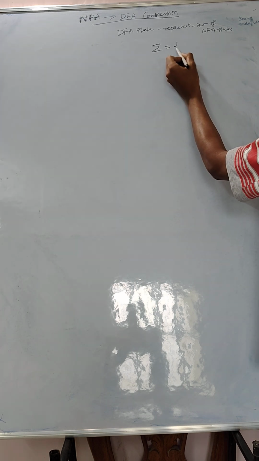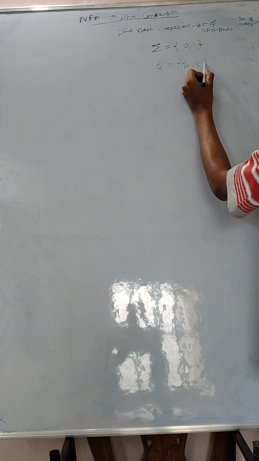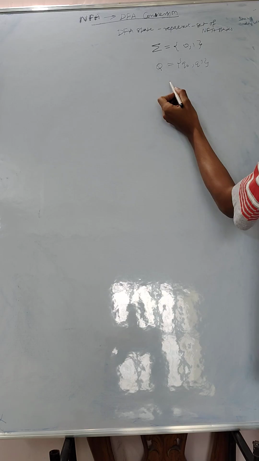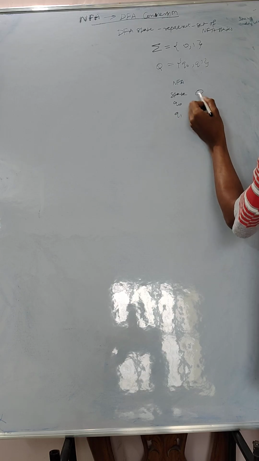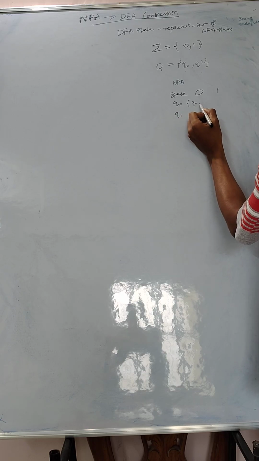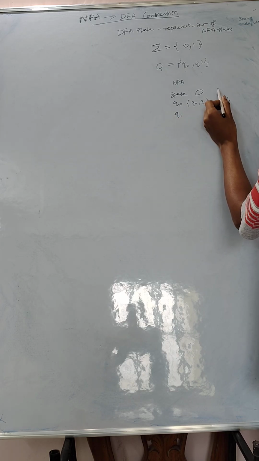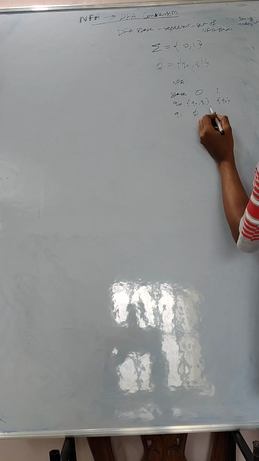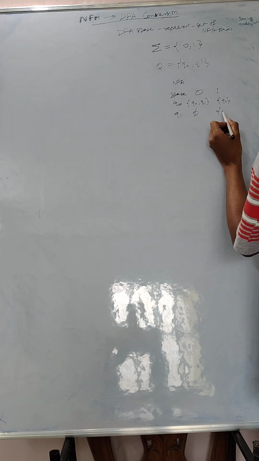Suppose I have a given NFA having alphabet 0, 1 and states Q0, Q1, start state Q0, final state Q1. Then the NFA transition table will be given with states Q0, Q1 and inputs 0 and 1.